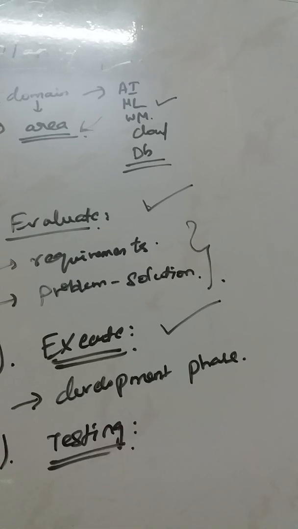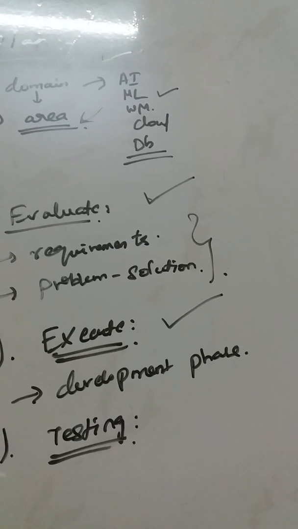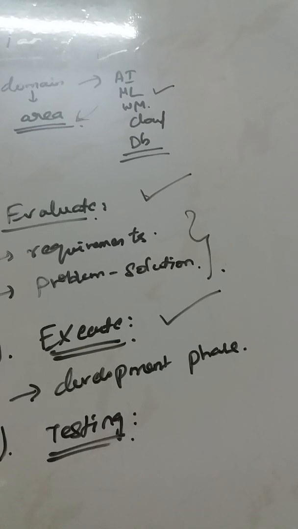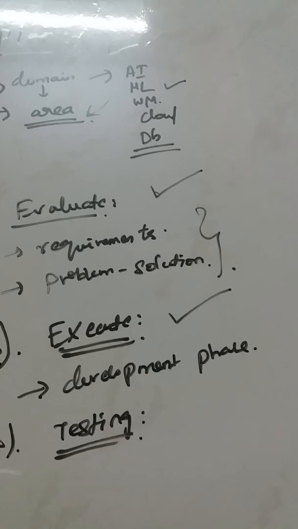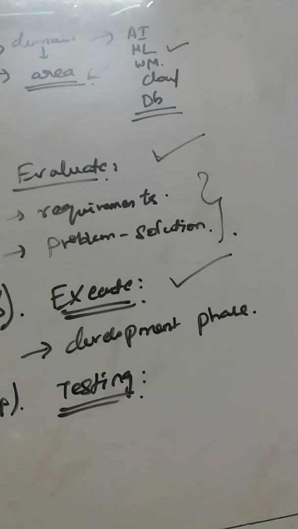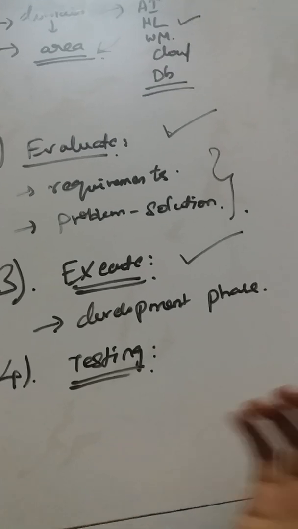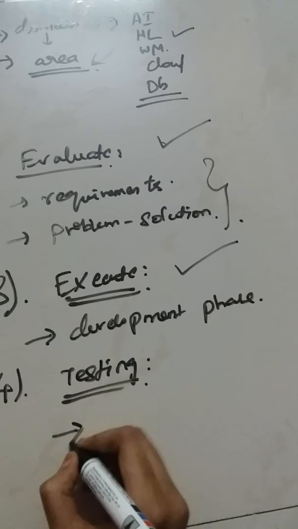Your application needs to serve n number of users, different kinds of users, and provide solutions to all of them. So your application needs to be tested with that kind of stuff to conclude that your project is the best one for all kinds of users in this environment.